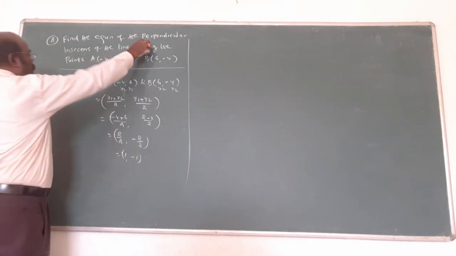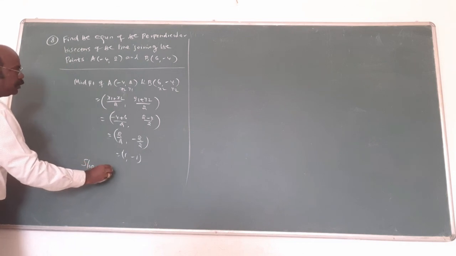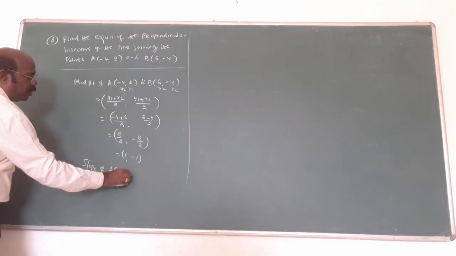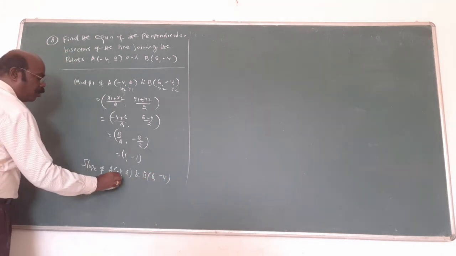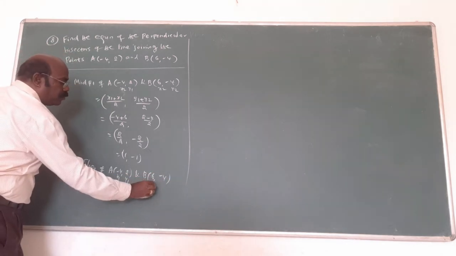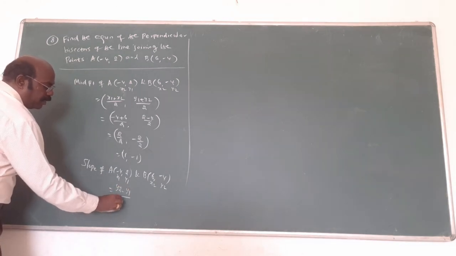Now the perpendicular line. Slope of AB: A is (minus 4, 2) and B is (6, minus 4). Let it be x1, y1 and x2, y2. The formula is y2 minus y1 by x2 minus x1.